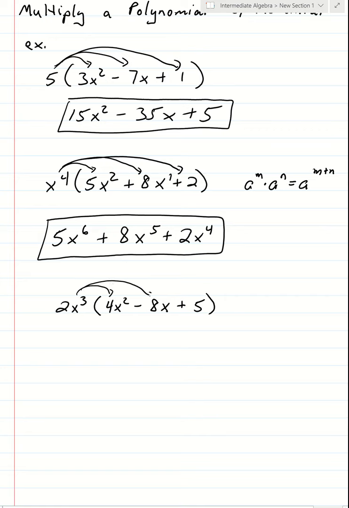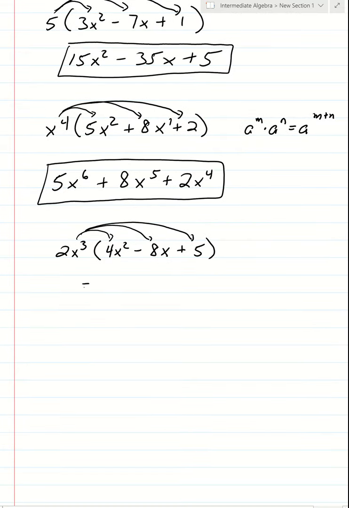And so now when we do that, of course, 2 times 4 would give us an 8. And when we multiply the x cubed and the x squared, that would give us an x to the fifth. 2x to the third times a negative 8x would give us a negative 16, and we would have an x to the fourth.